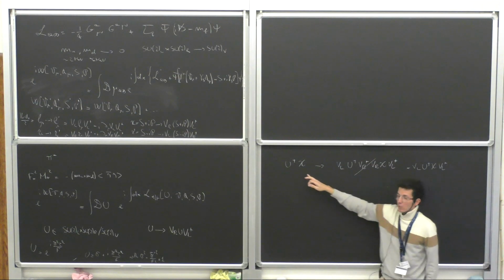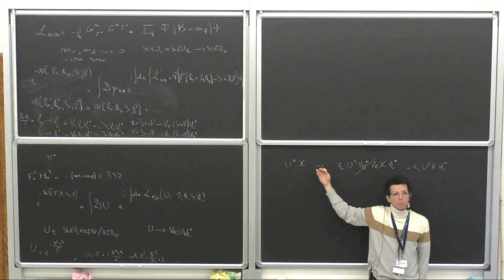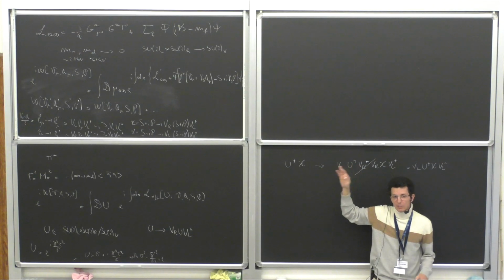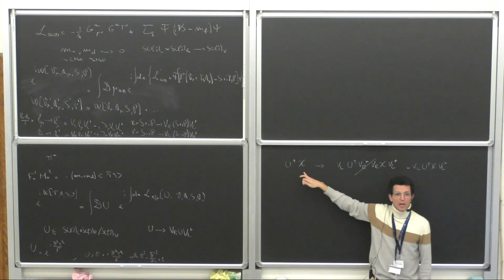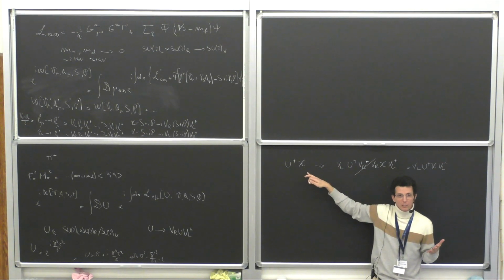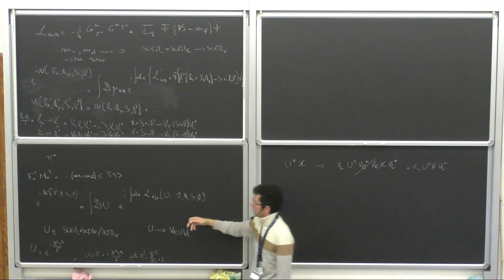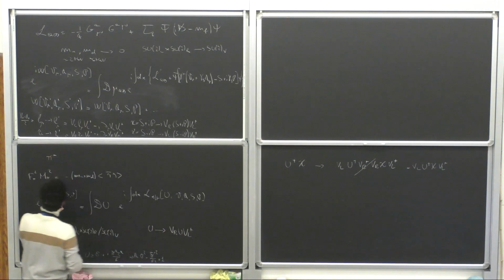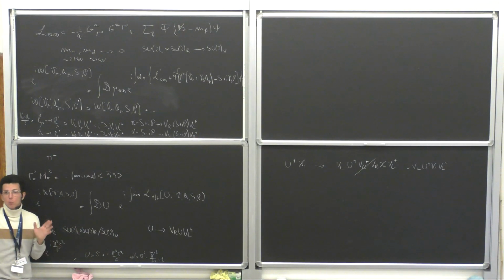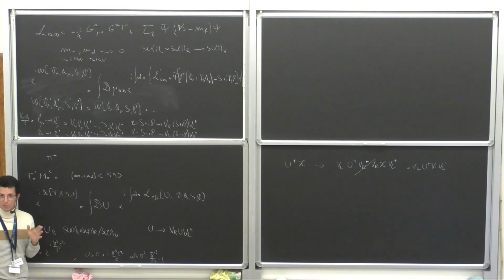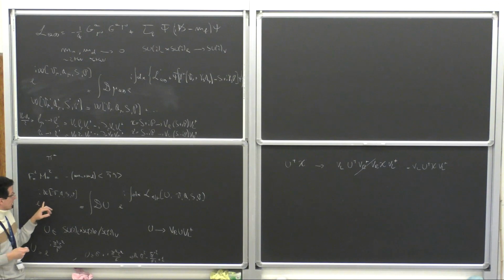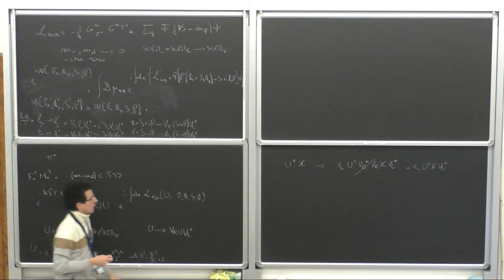I recall to you that this is an SU(2) matrix. U dagger chi is a 2x2 matrix. U is a 2x2 matrix. Also the sources, V, A, S, and P, are 2x2 objects. We have seen this last time. So these are all 2x2 matrices.